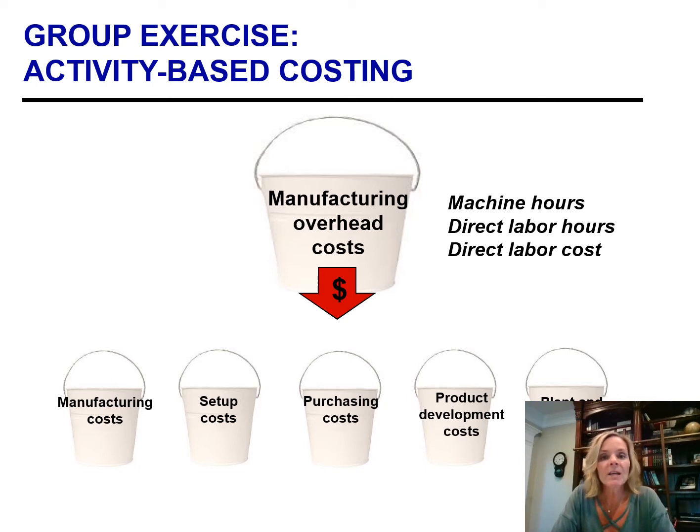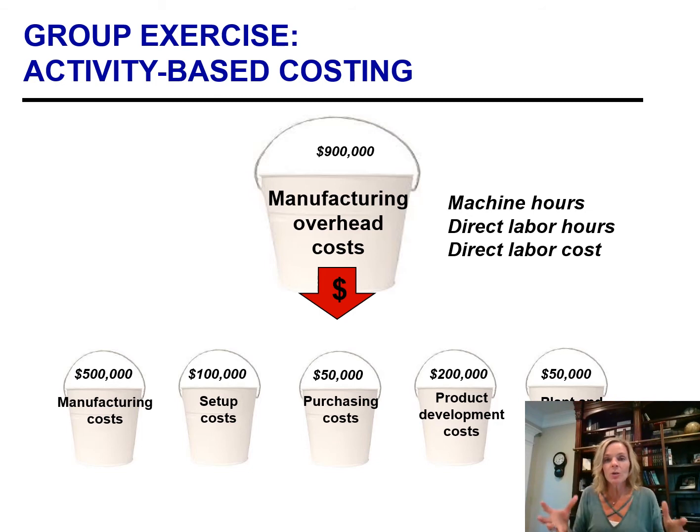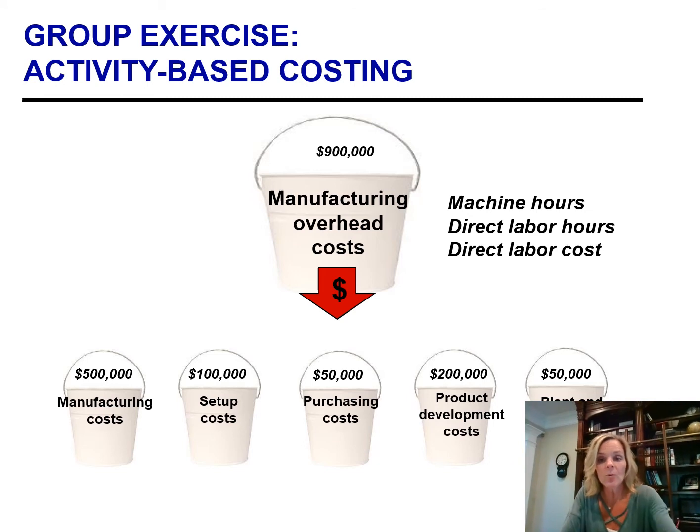I want you to think of that $900,000 that was included in the manufacturing overhead bucket, so to speak, as now getting allocated to 5 cost pools, or buckets. Of that 900,000, 500,000 is manufacturing cost, 100,000 is setup cost, 50,000 is purchasing cost, 200,000 product development, and 50,000 is the plant and property. If you add up those amounts, it equals $900,000.